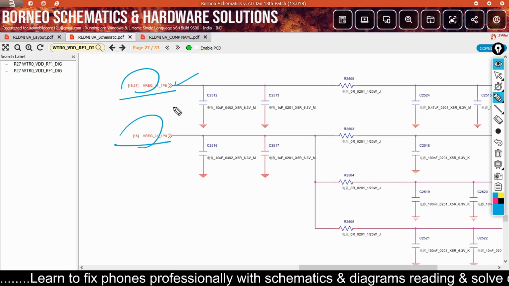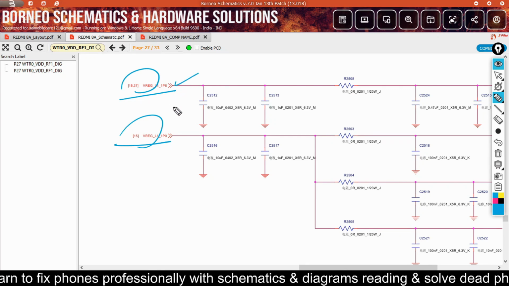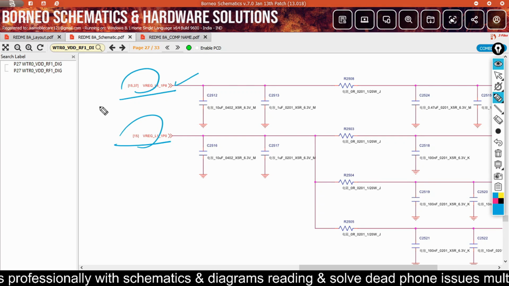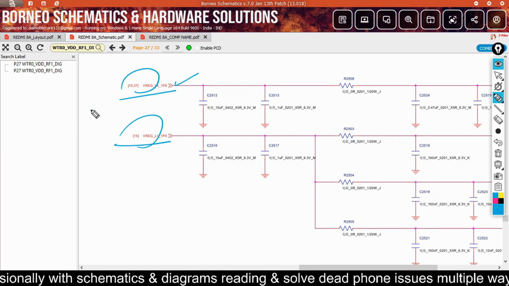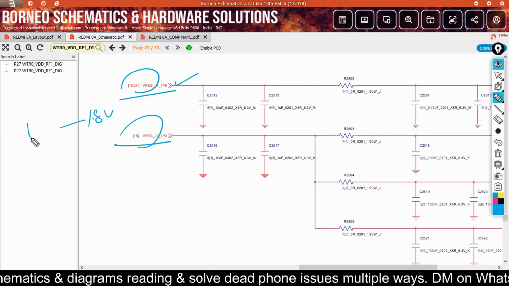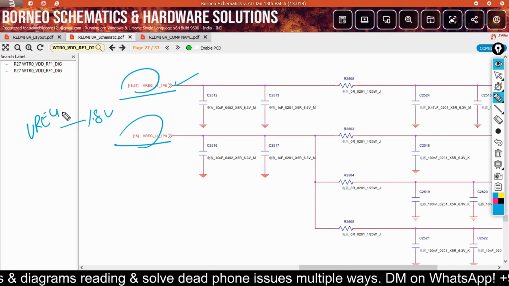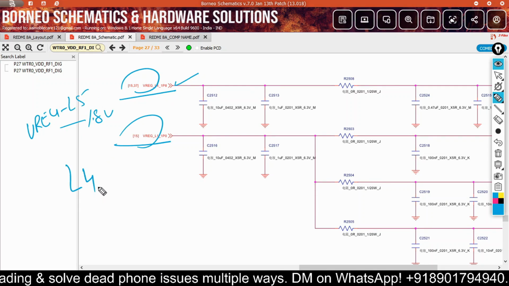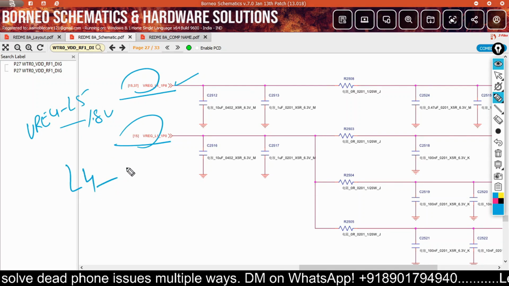Now this line is at 1.8 voltage. This one is on a 1.8 voltage. The LDO number is different. VRAC L5, I think I'm correct. Now this one is L4. So both LDOs are different.